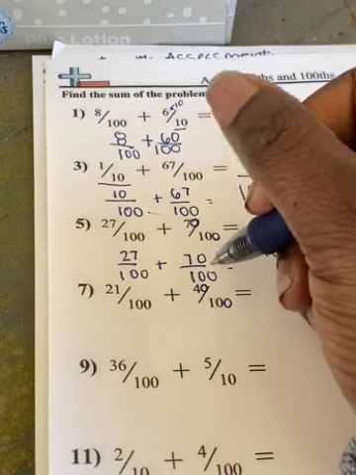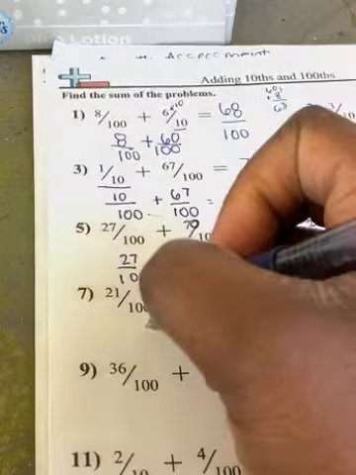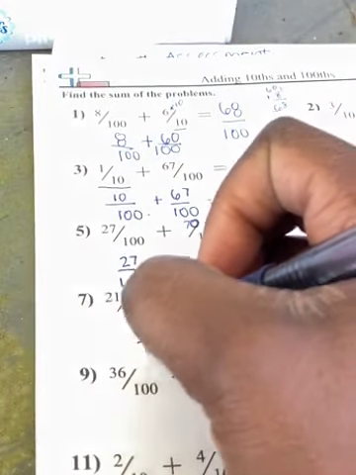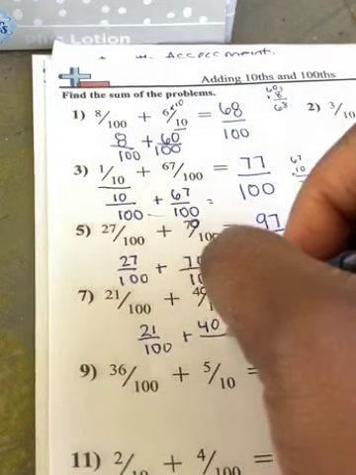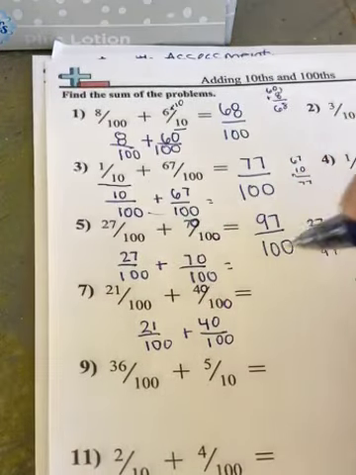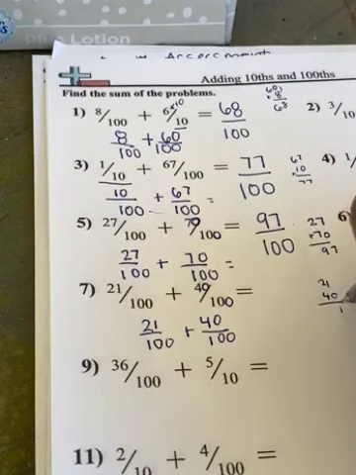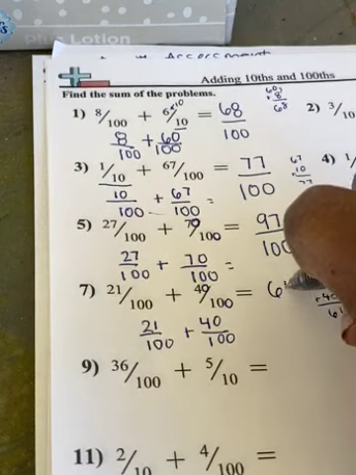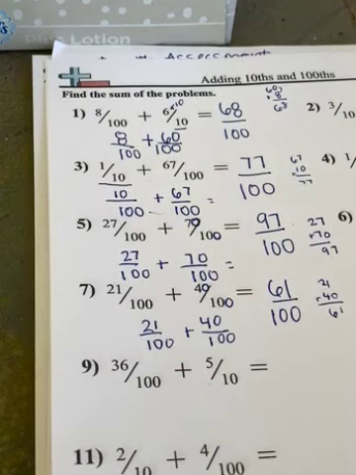And you're going to get 40/100ths instead of 4/10ths. So now you're going to be adding 21/100ths plus 40/100ths. Add those two numbers together, 21 plus 40. And you're going to get 61 as your numerator and 100 still as your denominator.